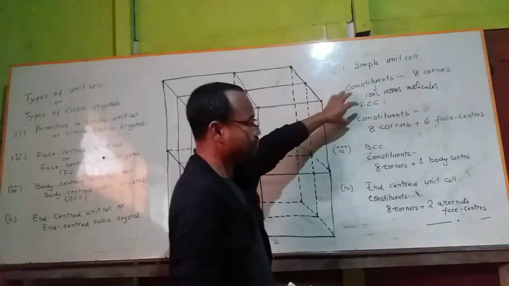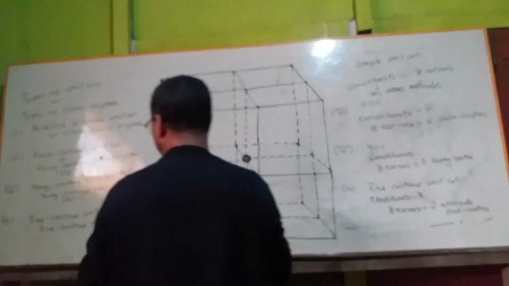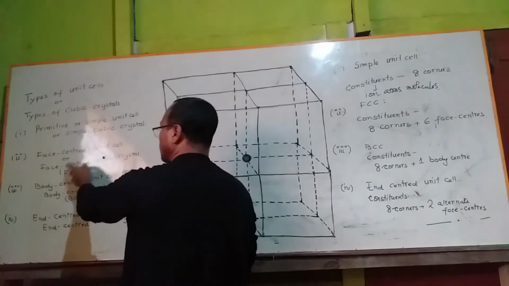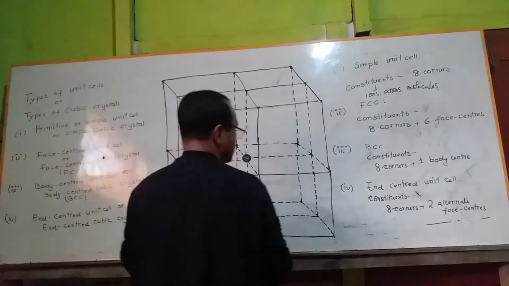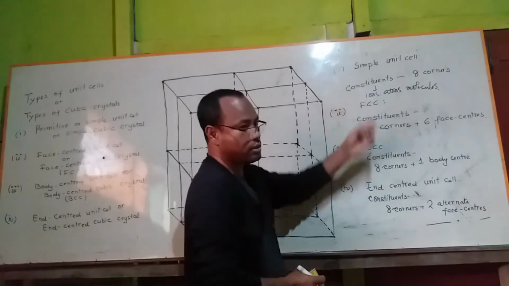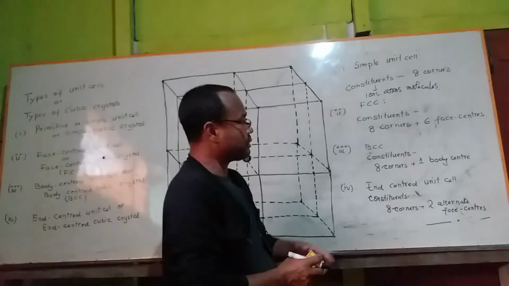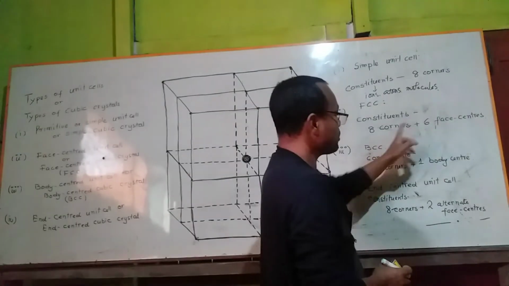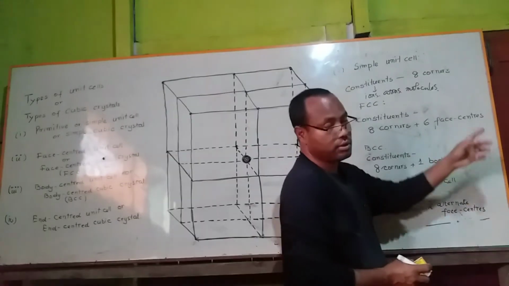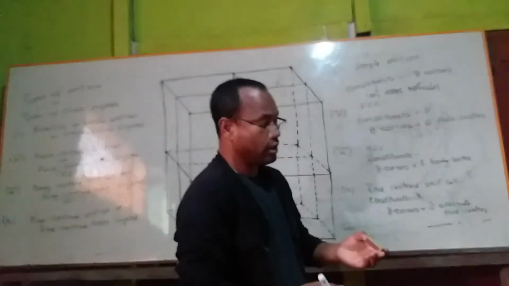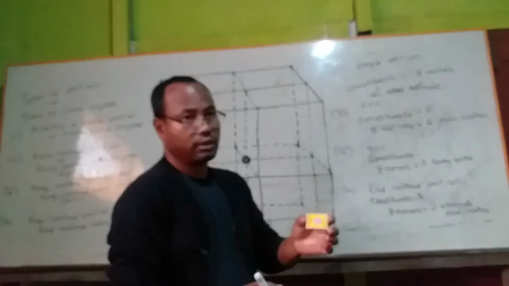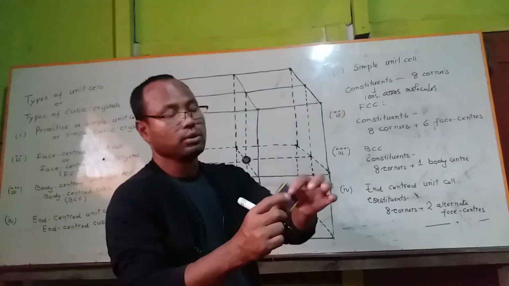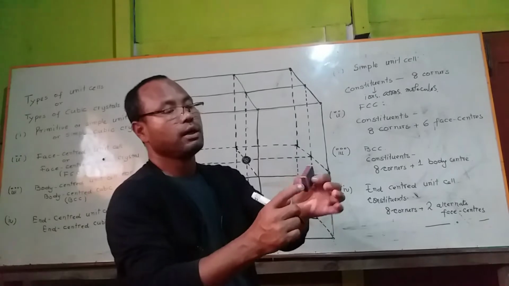Number 2, FCC, which I already mentioned. What is the full form of FCC? Face centered unit cell or face centered cubic crystal. In FCC, the constituents are present at all 8 corners, as well as the 6 face centers of the unit cell. See, I show you. In a box there are 6 faces: number 1, 2, 3, 4, 5, 6.